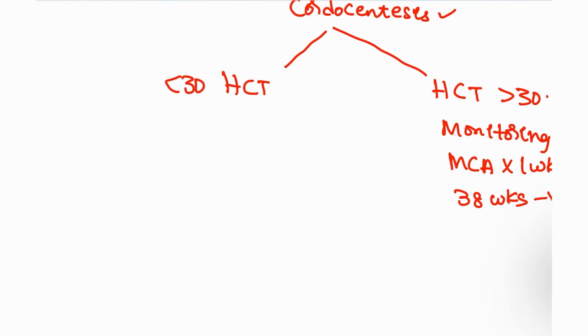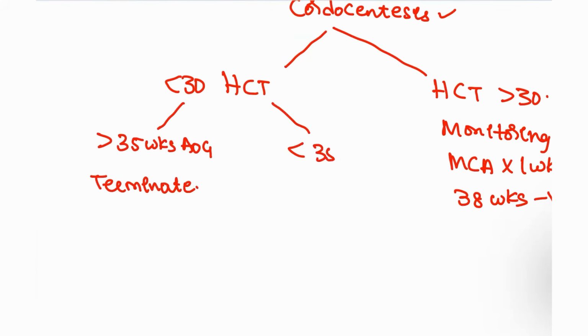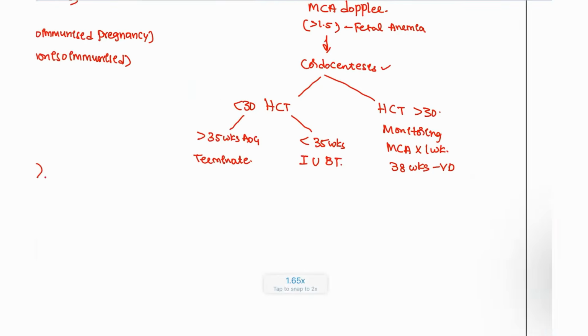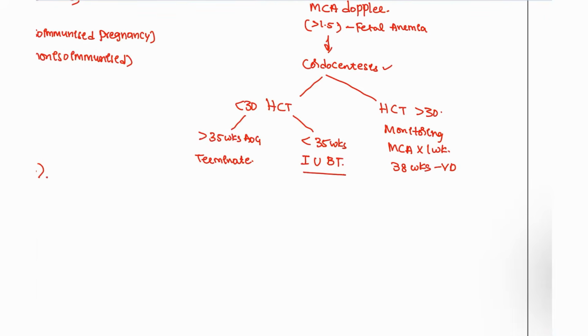If the hematocrit is less than 30 but the gestational age is more than 35 weeks, then what we can do is terminate the pregnancy. If it is less than 35 weeks, we have to do the intrauterine blood transfusion. Intrauterine blood transfusion should be done for this patient, and you have to wait until 35 weeks. If it's already 35 weeks, then you can go for the delivery of this patient.